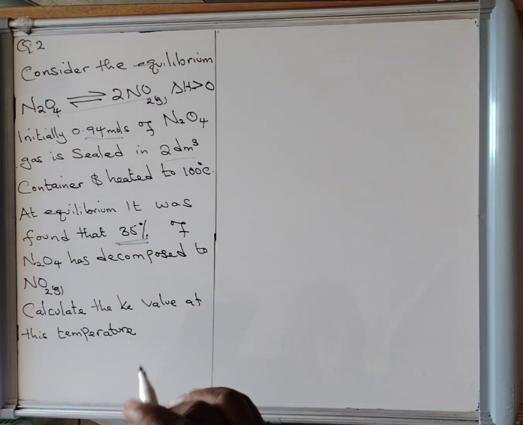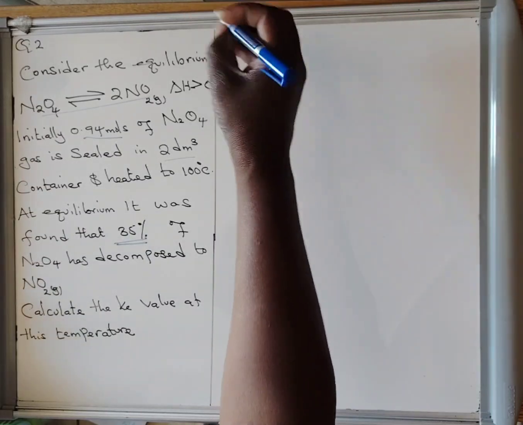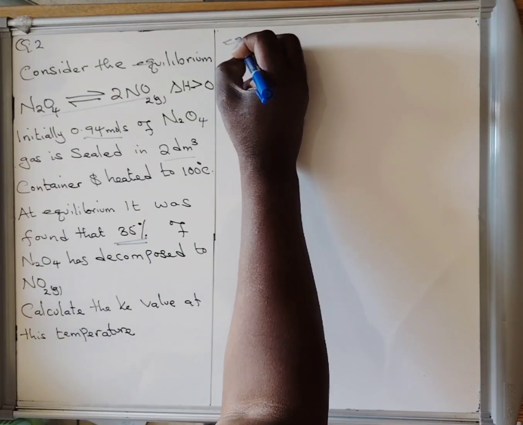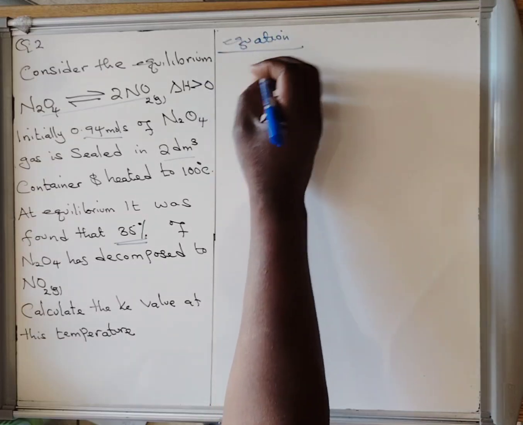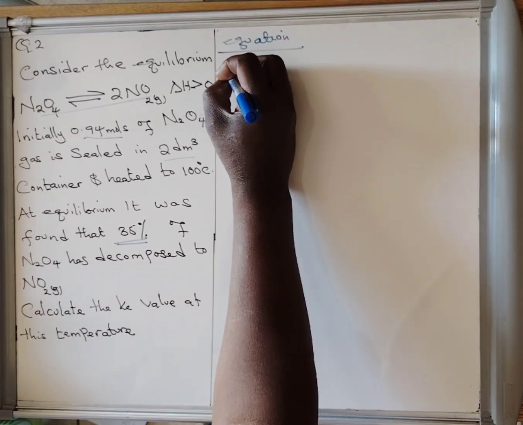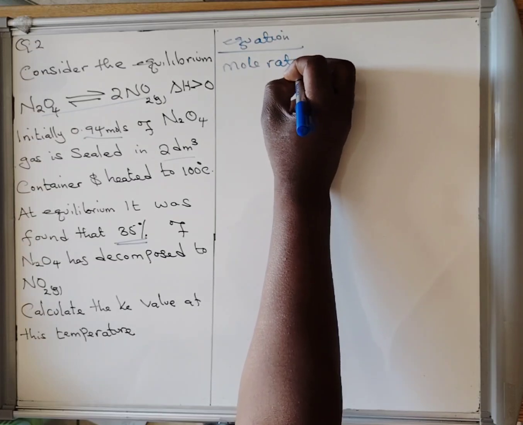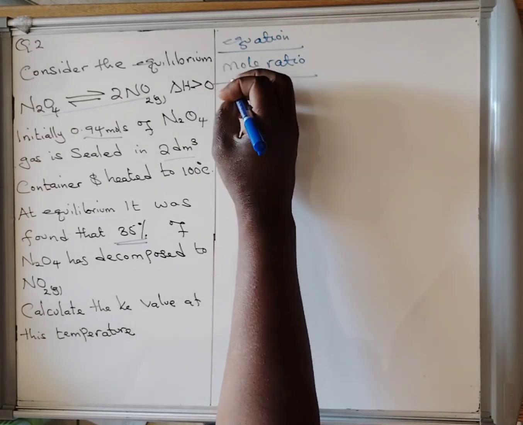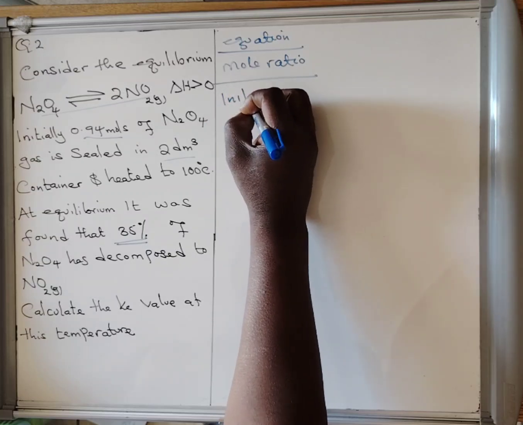Okay, what do we do here? Okay, let's use this approach. We are having the equation. We are going to put it there. What comes next is mole ratio. Then next we are having initial number of moles.